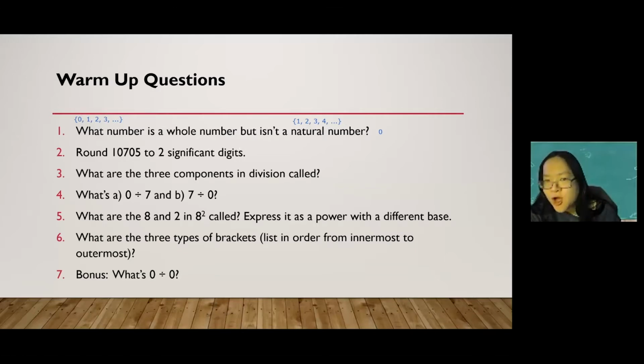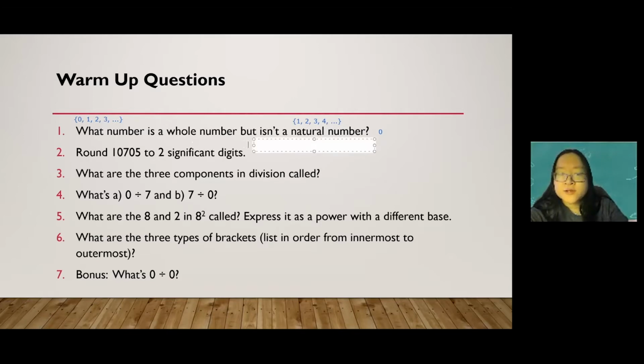So not quite. Okay, when we say 2 significant digits, what we mean is basically 2 numbers before any zeros at the end, or for a decimal, 2 numbers after any zeros at the beginning.